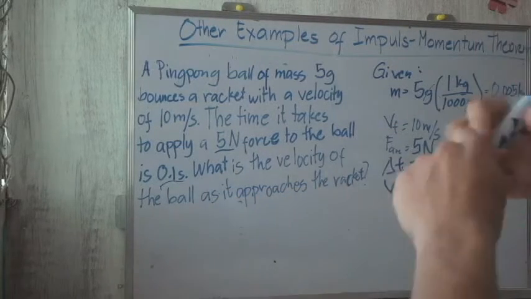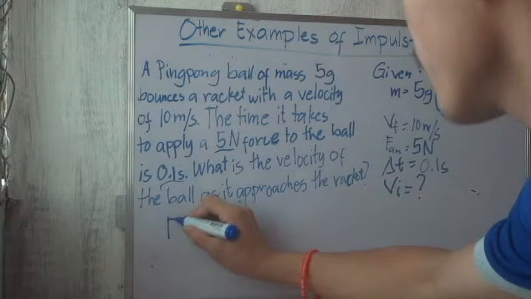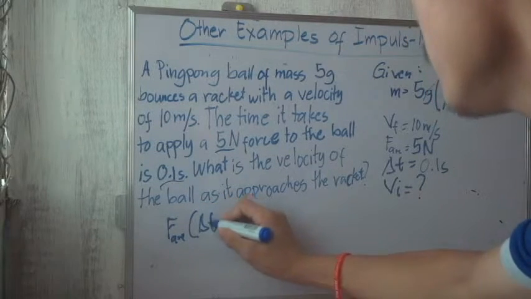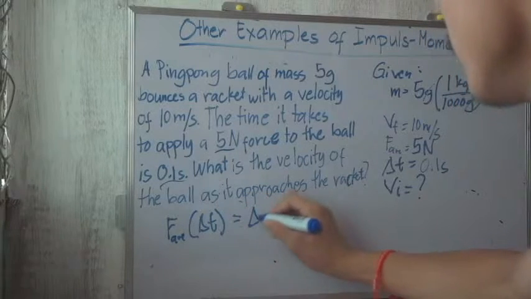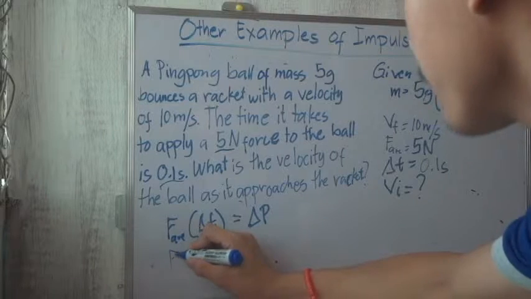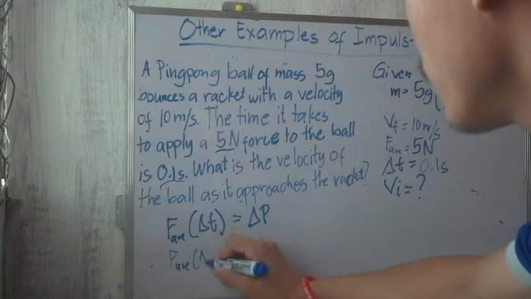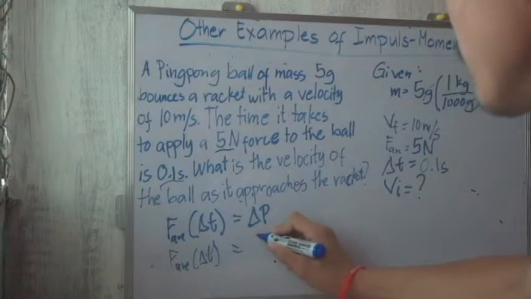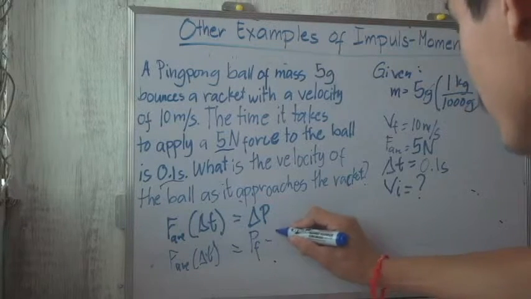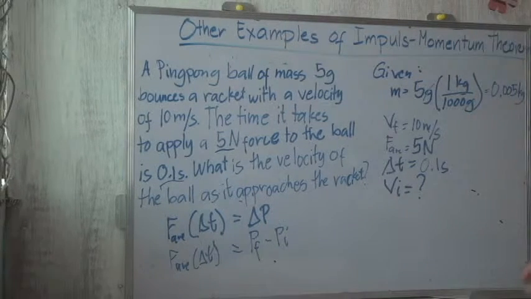So atong gamiton yung formula is force average times the change in time is equal to the change in momentum. So ang atong change in momentum ka-equal ra siya sa momentum final minus momentum initial.